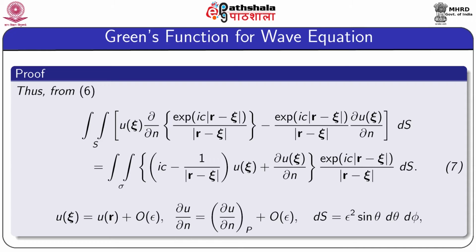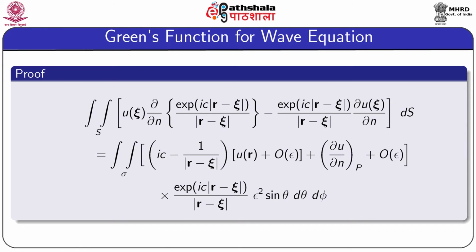If we substitute this in the right hand side of equation 7, it becomes the surface integral over sigma of i c minus 1 by mod r minus xi into u at r plus order of epsilon, minus del u del n at the point P or r, minus 1 by epsilon into u dash term, into ds, which is epsilon square sin theta d theta d phi.